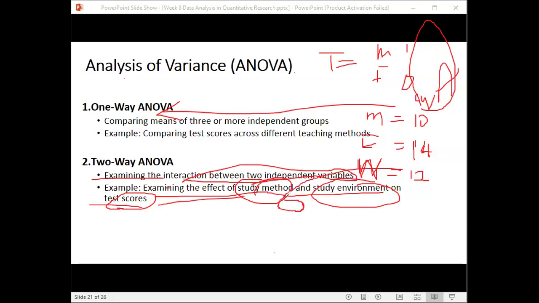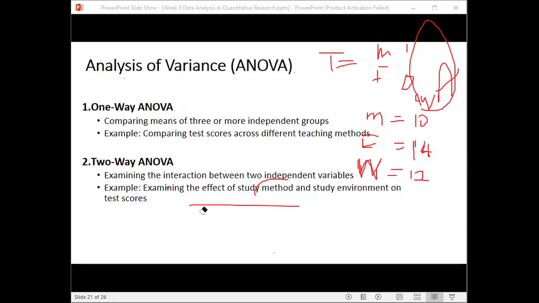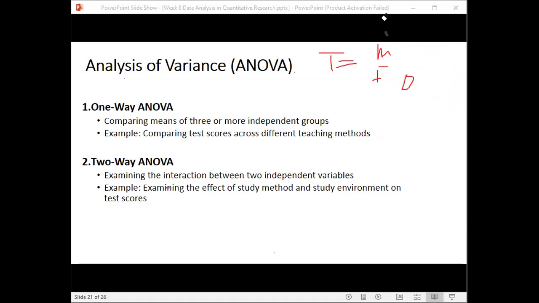How does the study environment affect the test scores? And that is what brings about the two-way ANOVA that we are looking at. So ANOVA is used to compare means of 3 or more groups, whilst t-test is used to test for the difference between only 2 groups. Full stop.